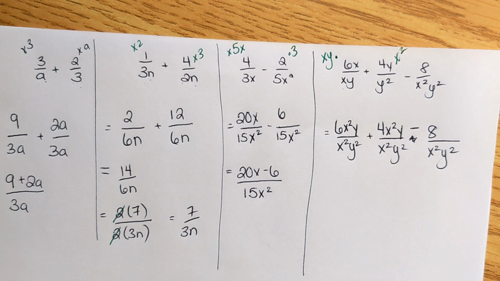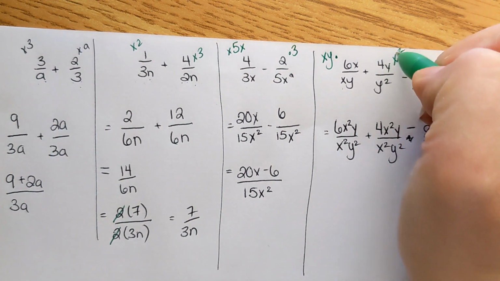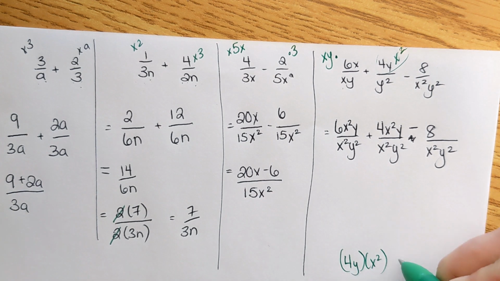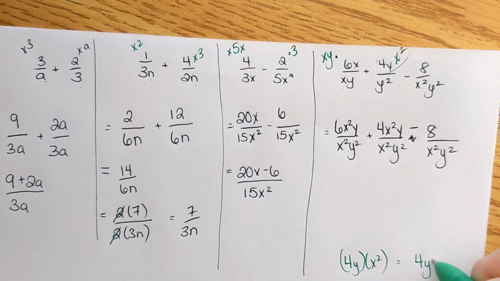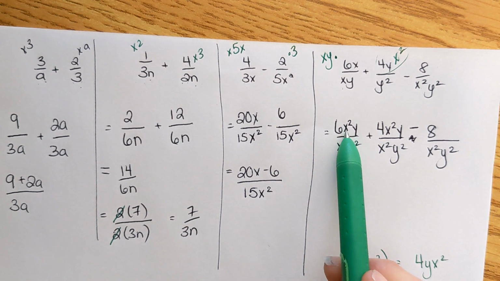This is just a convention rule, and that just helps you see like terms easier, because I could have also written 4y times x squared like this, 4y x squared. So this is not incorrect, but these variables should be written in alphabetical order so that it's easiest to see now that I actually have like terms.